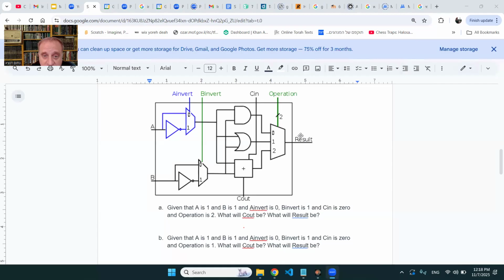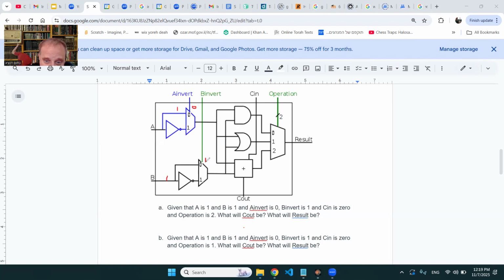Okay, now we have a cleared diagram, and we're going to annotate again. And we want to do the second question. Note that it says A is 1, and B is 1, and A invert is 0, and B invert is 1.